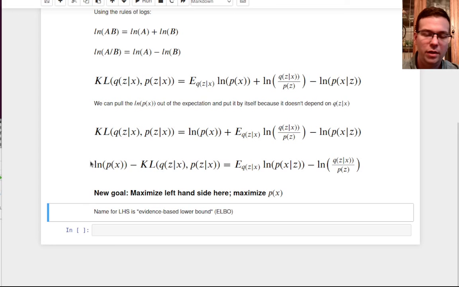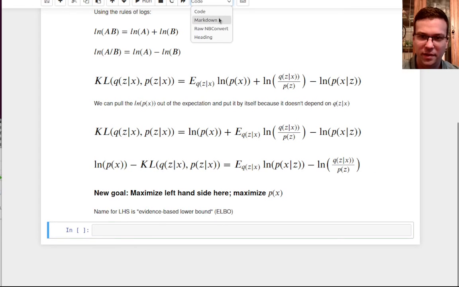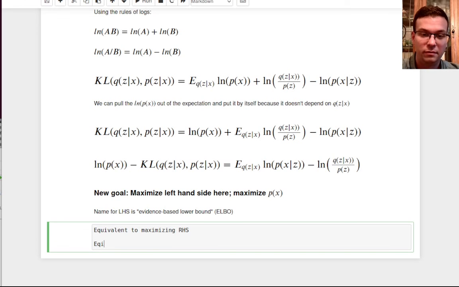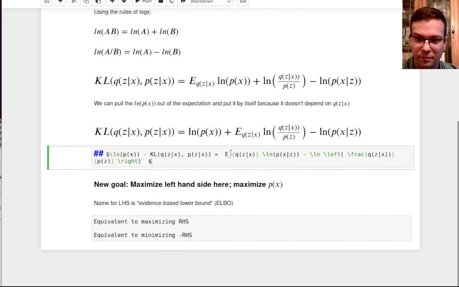So of course in this equation here, if I'm maximizing the left-hand side, it's equivalent to maximizing the right-hand side, which is equivalent to minimizing the negative of the right-hand side. So let me pull that out and show you what I mean.